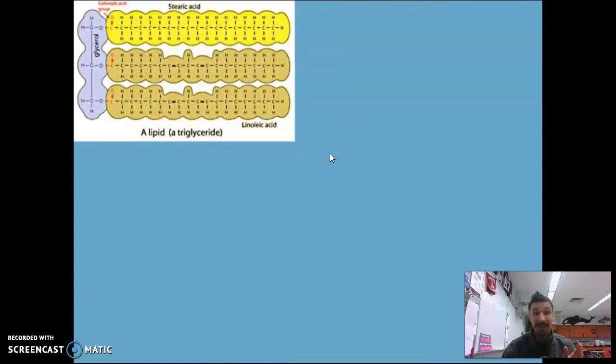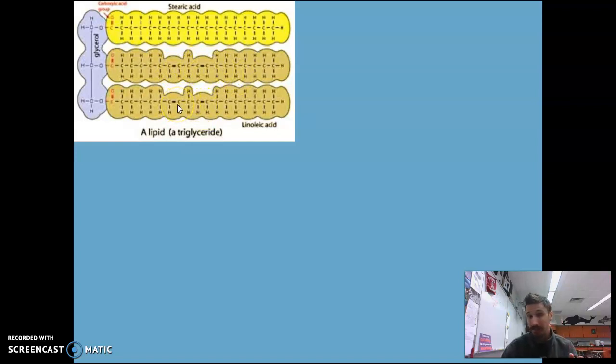Now, in this image in particular, this is an unsaturated fat. But this is to show you that not always in the images will they show you a kink in the tail or a curve in the fatty acid tails to tell you that it's an unsaturated fat. Sometimes you have to look very closely, like right here and right here we see carbon-carbon double bonds, right here and here.